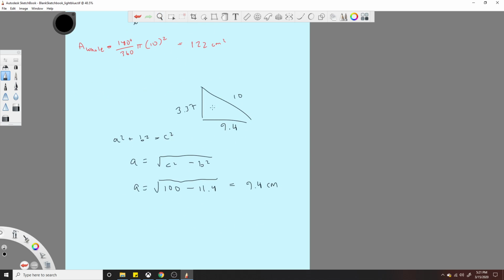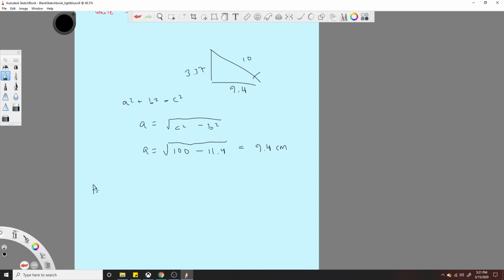So now again, we can find the area of this triangle right here. We'll just do the area of this triangle. We'll call it A tri, like little triangle. That's just going to be 1/2 base times height, which would be 1/2 3.37 times 9.4.